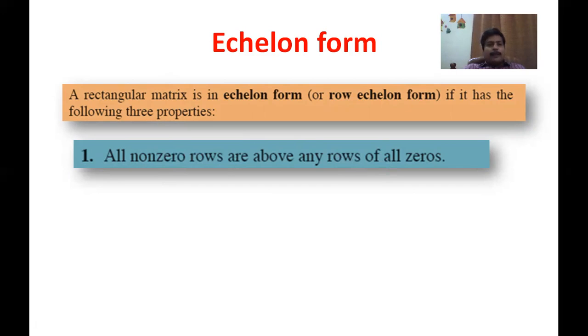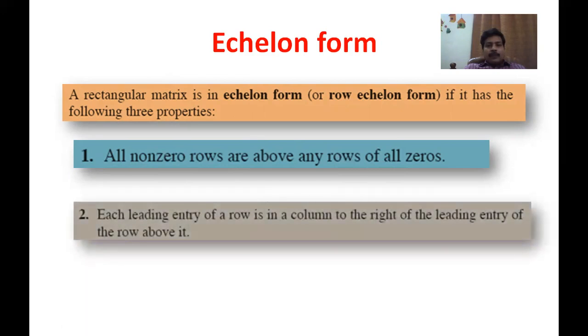Next, the second one. Each leading entry of a row is in a column to the right of the leading entry of the row above it. Let us look into it through an example.